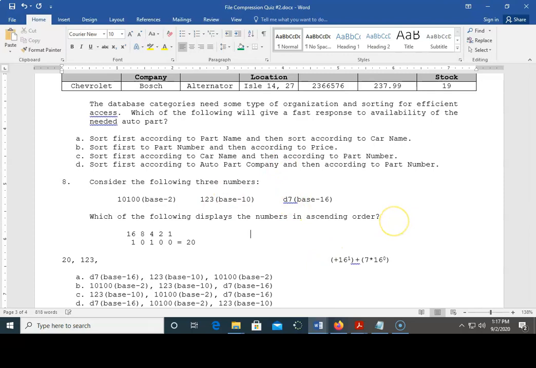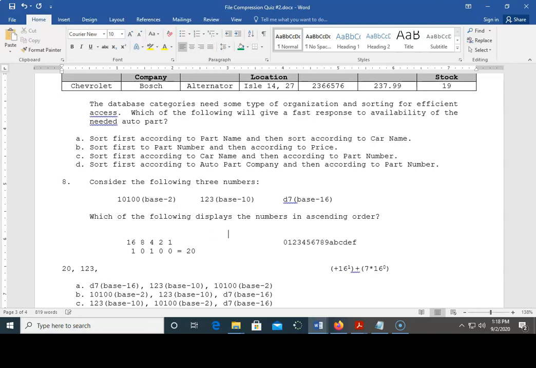Well, we've got 0, 1, 2, 3, 4, 5, 6, 7, 8, 9, A, B, C, D, E, and F. So in its decimal version, you got 0, 1, 2, 3, 4, 5, 6, 7, 8, 9, 10, 11, 12, 13, 14, 15. So this might make it easier for you guys to see.